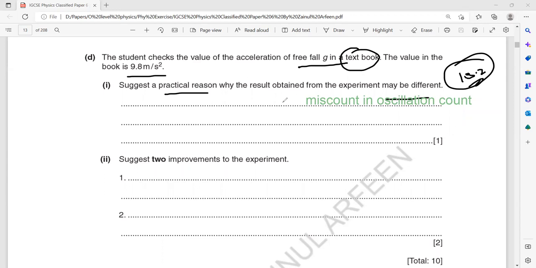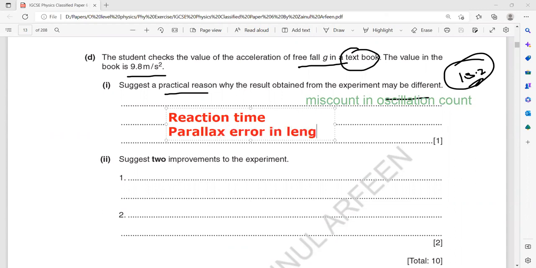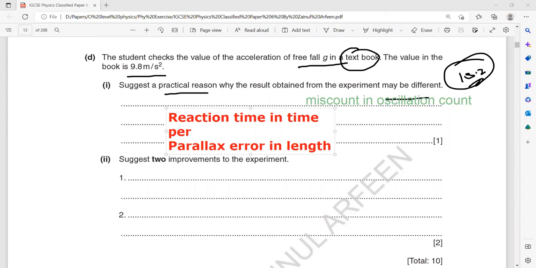You cannot mention air current here, because air current is in the surroundings. But reaction time in measurement leads to an error, or the parallax error in measurement of the length. Any one you can mention.